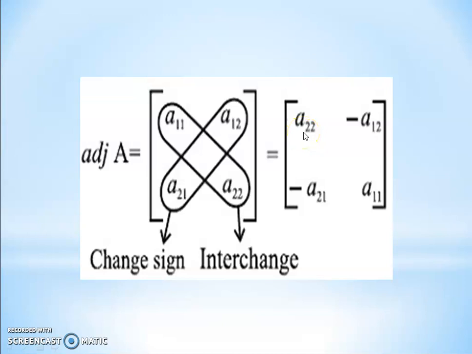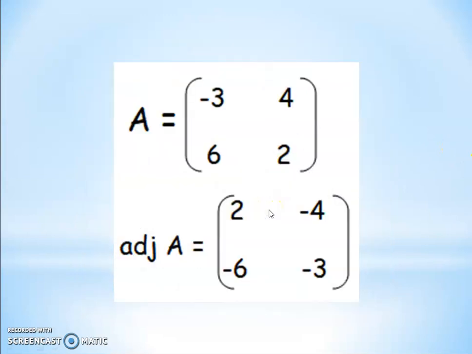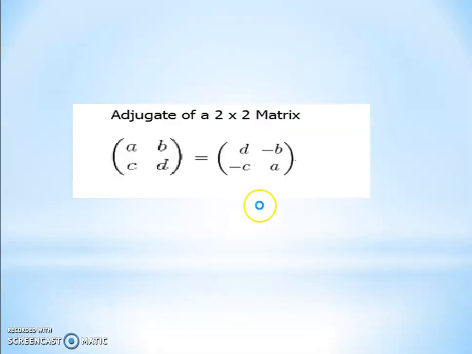Instead of A11 there is A22, instead of A22 there is A11, and we change the sign to minus A12 and minus A21. In this way we understand the adjoint of a 2 by 2 matrix. You have to practice more examples and solve them using this method also.